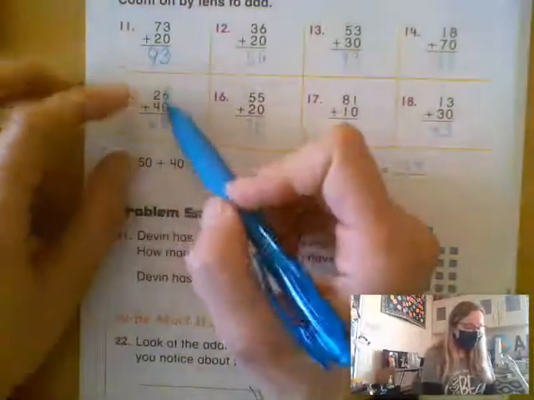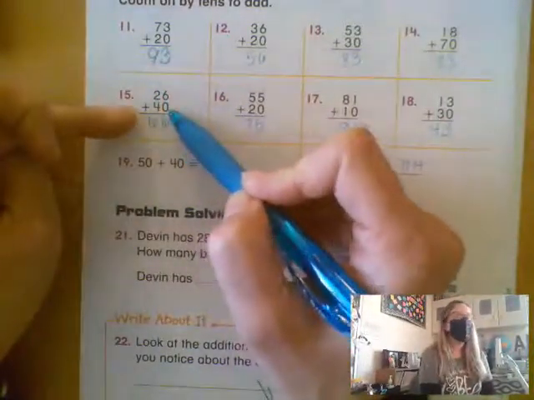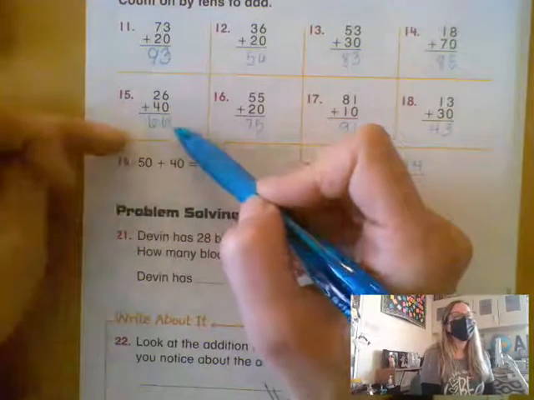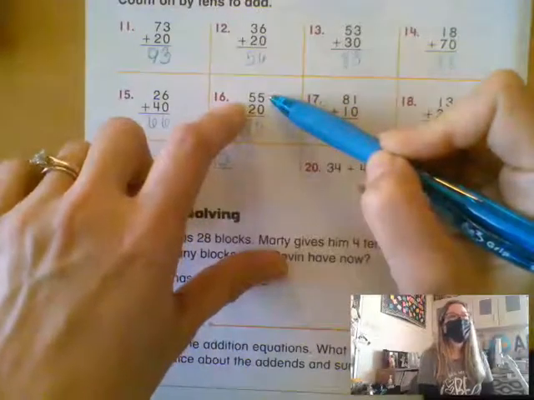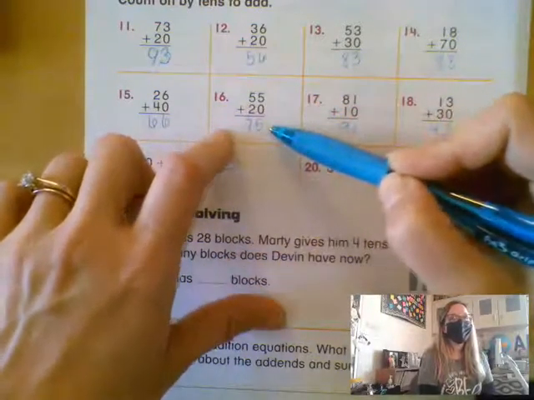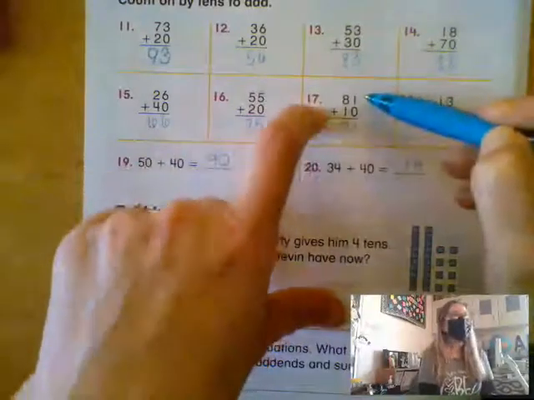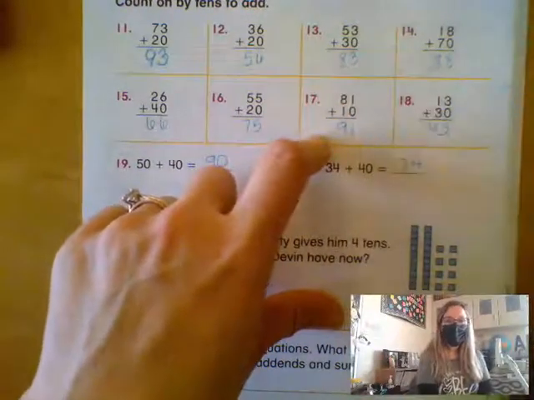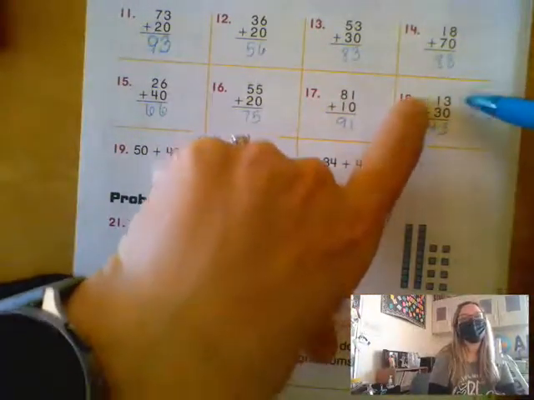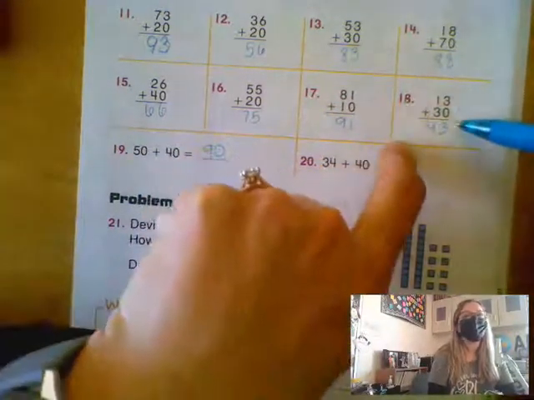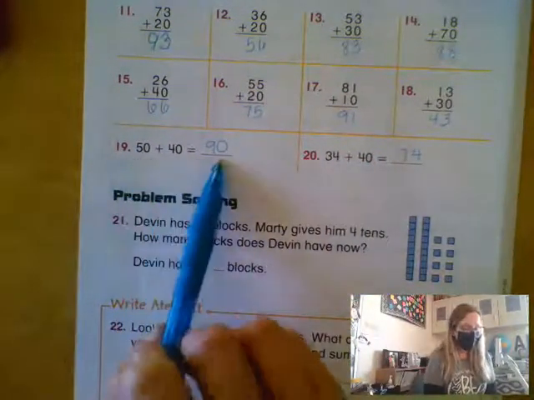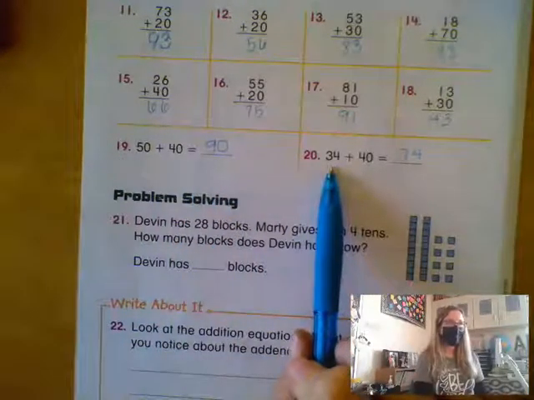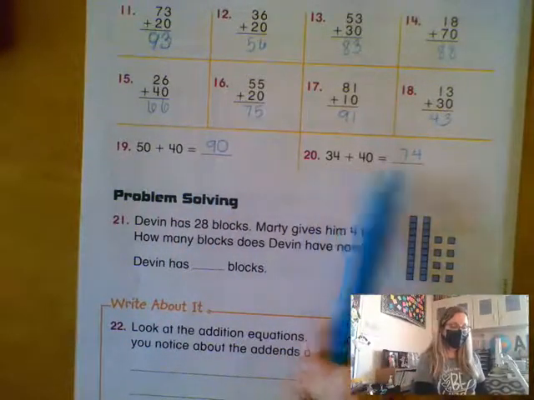Number 15, going from 26 plus 40 would be 36, 46, 56, 66. From 55 up 20 would be 65, 75. 81 plus 10 would be 91. 13 plus 30 would be 13, 23, 33, 43. 50 plus 40 is 90. And 34 plus 40 is 74.